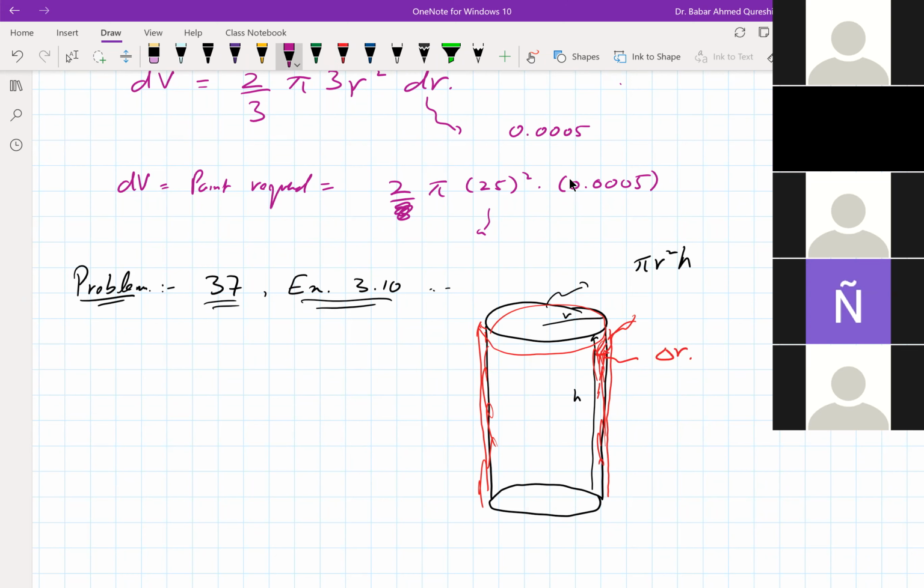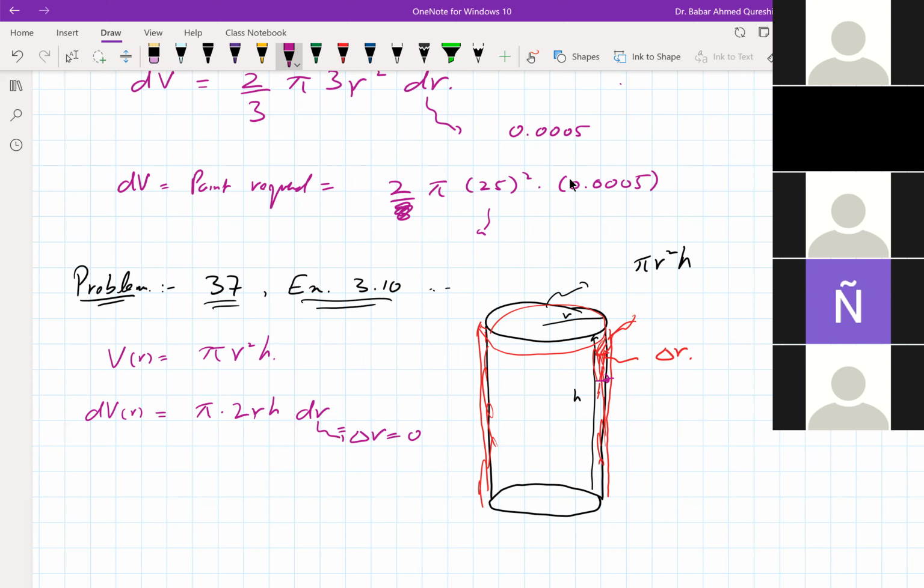So how would you find it? Well, volume of cylinder, as I have written, is pi r square h. And since I have thickened it, I just approximate. So change in volume is what I get by the thickening using the differentials. h is a constant. I'm just changing the radius. Here dr equals delta r, whatever thickness I'm given.